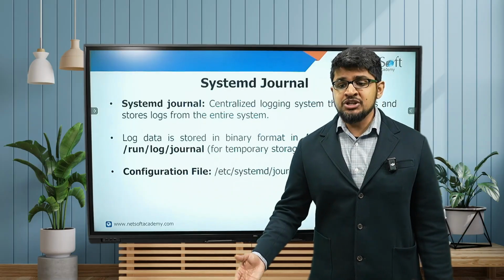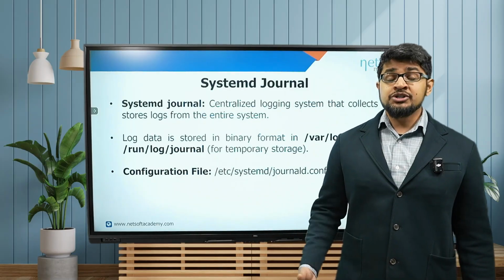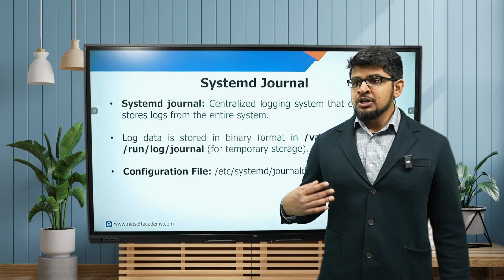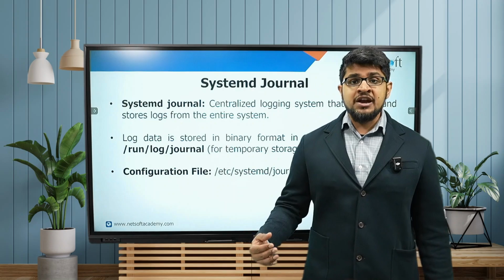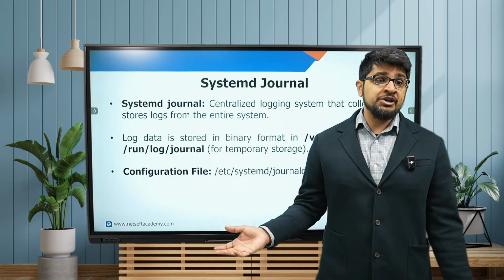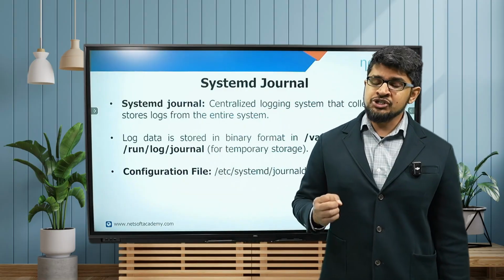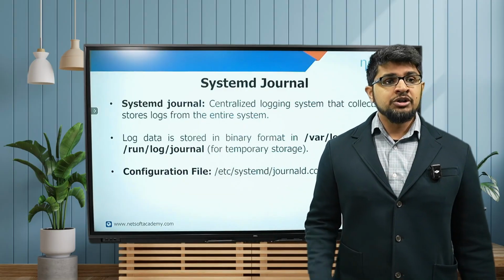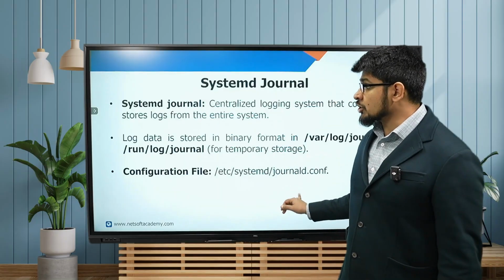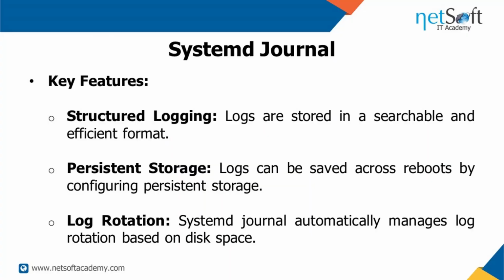So what happens is when you boot your server, the journal immediately starts logging certain messages. Now these messages are then forwarded to Rsyslog, and some of them are simply removed when the system shuts down. So some of the features that journald has is structured logging, where all logs are stored in a single searchable binary format.